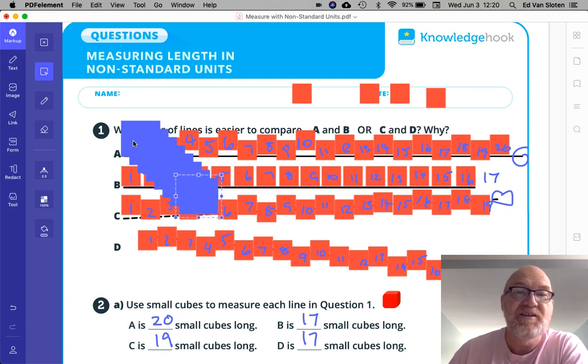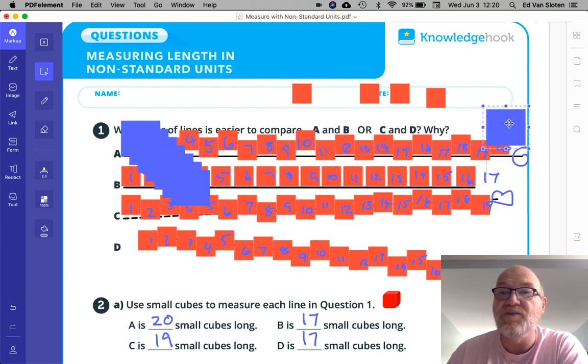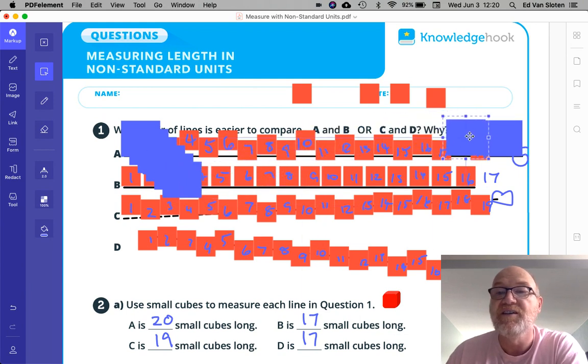I'll move this guy, you go over here. It doesn't matter which side I start at. You go here, and I'll leave a little bit of space. You go here.